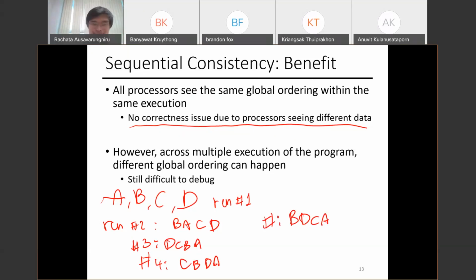Are these possible under memory consistency? You run it 5 times, you see a totally different order. Is this possible? Look at my second bullet.